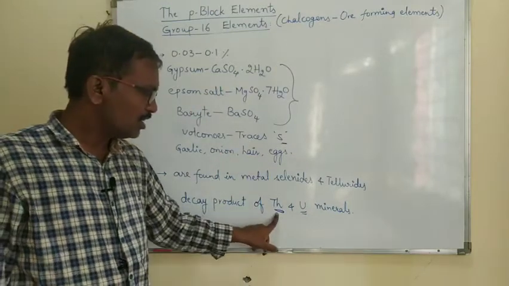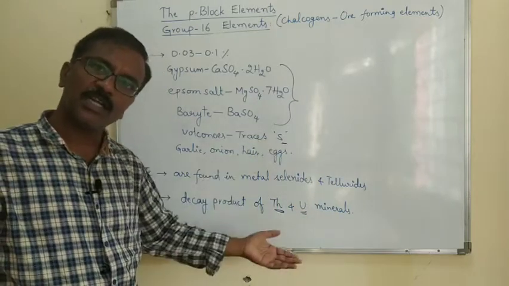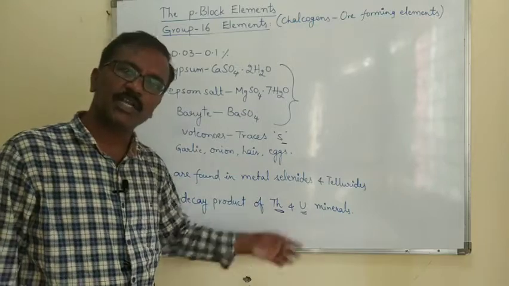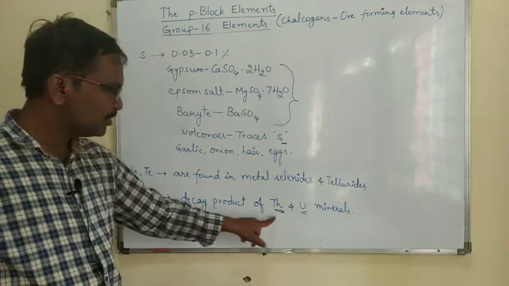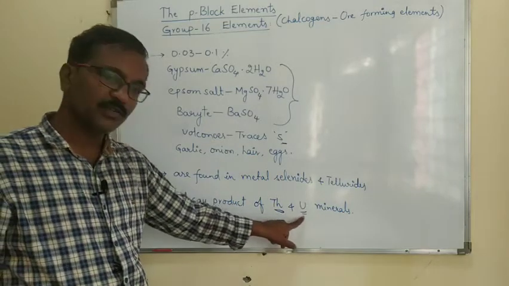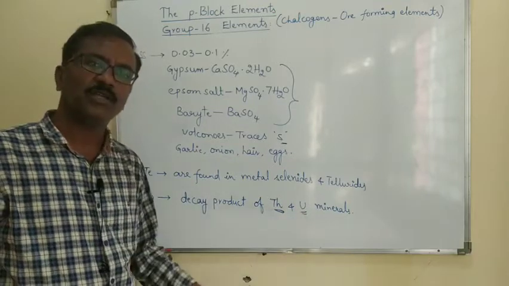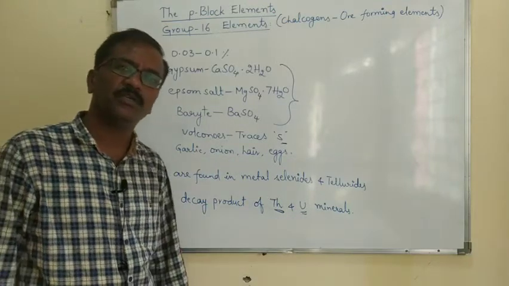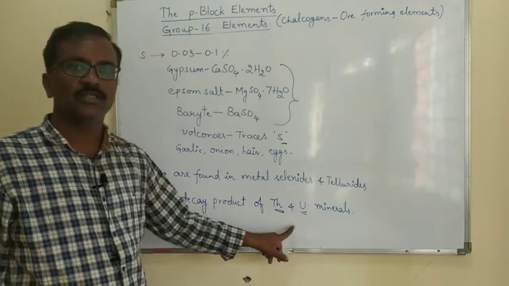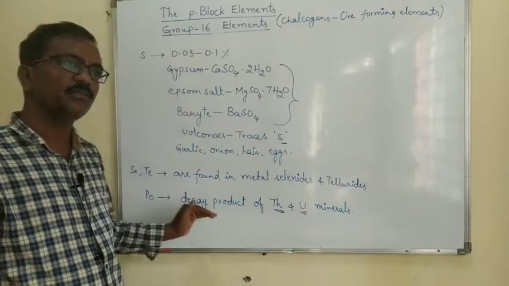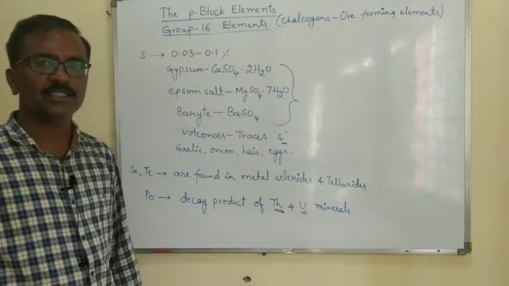When these radioactive elements disintegrate, that means decay, and are converted into other radioactive elements, in those reactions generally polonium forms. Radioactive elements are a separate chapter, nuclear chemistry, which is not in our syllabus. Just remember at this point, decay of thorium and uranium gives polonium. Selenium and tellurium are available as selenites and tellurites.